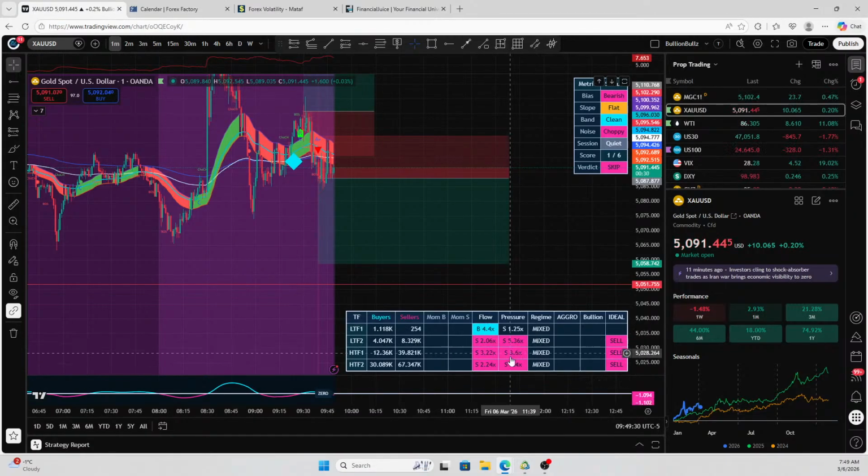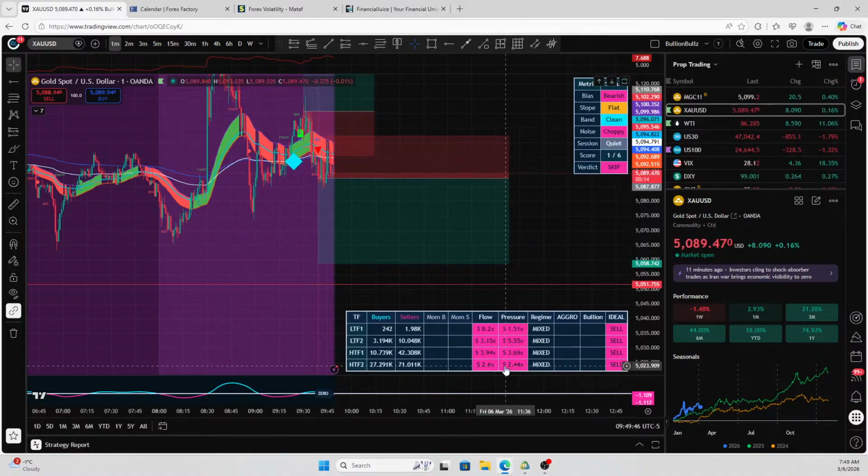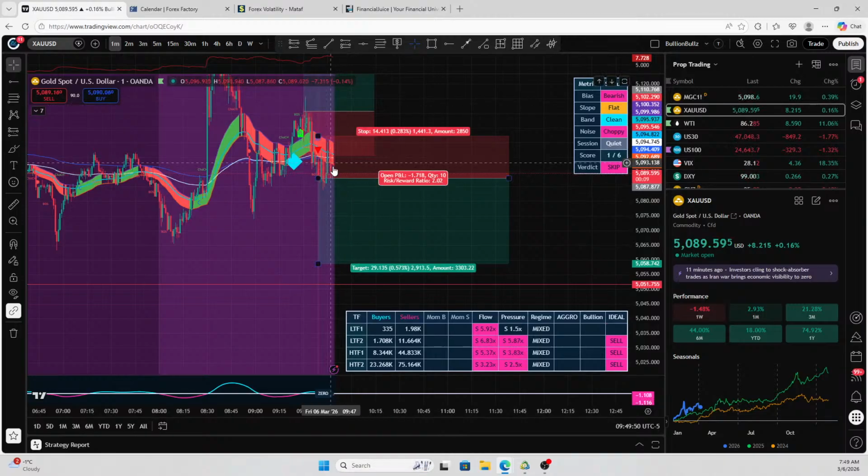This is the simplest way you can utilize order flow as part of your trading methodology, right? We're seeing pressure increasing. Let's see if we can break this level.